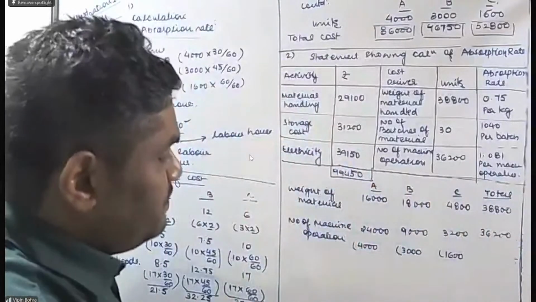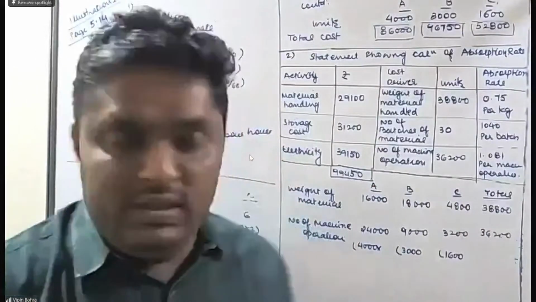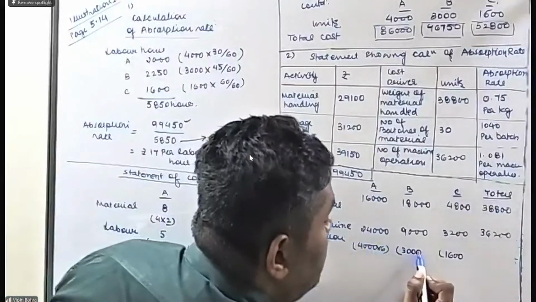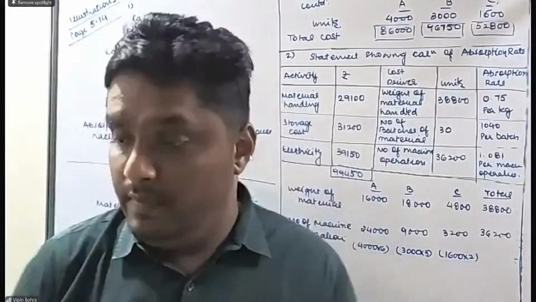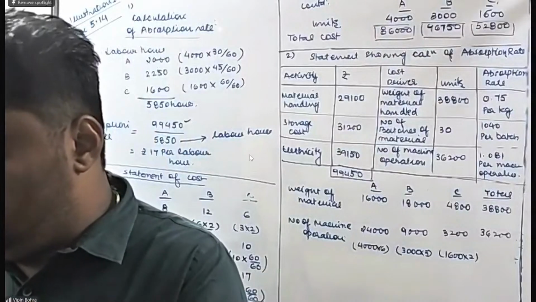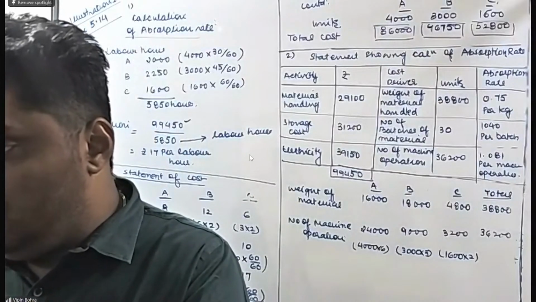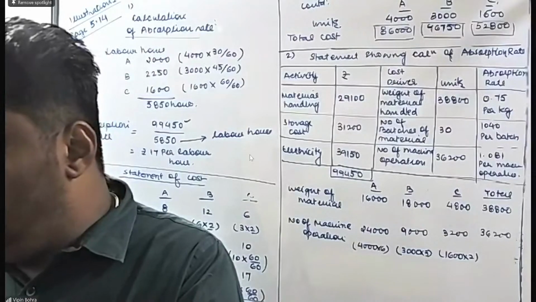So there are total 4,000 units of A. So 6 into 3 into 2.